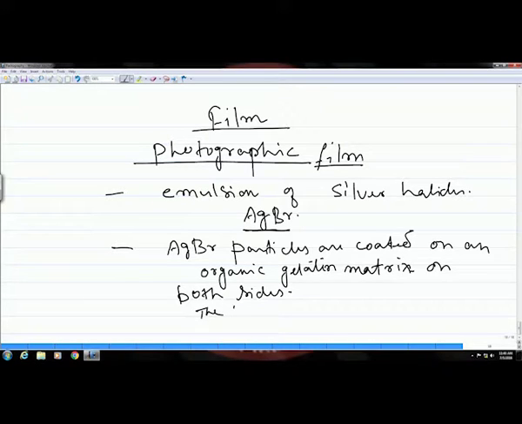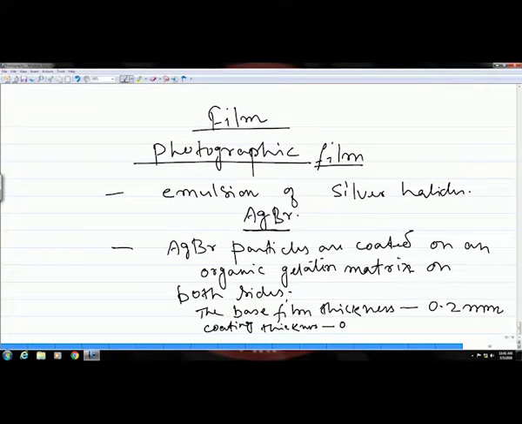The thickness of the base film on which this emulsion is coated is around 0.2 mm, and the coating thickness is 0.02 mm.